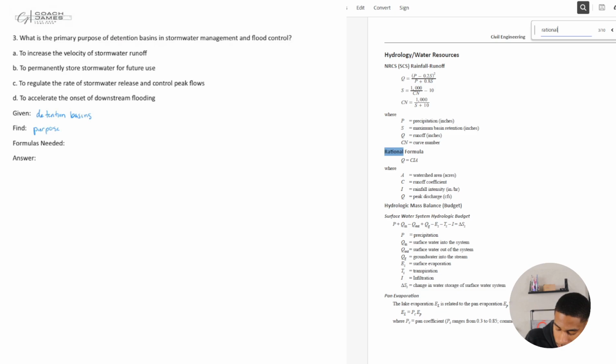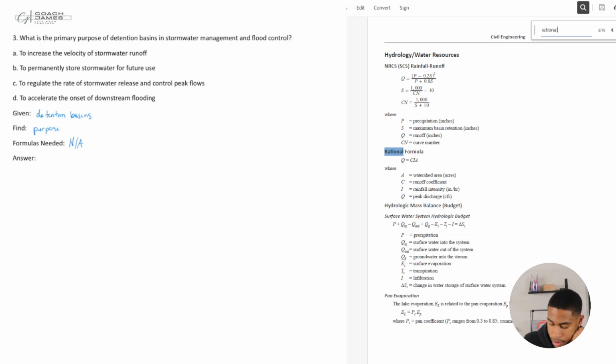No formula is needed. This is kind of like a conceptual prior knowledge question. All right, so to increase the velocity of stormwater runoff. So what is a detention basin? A detention basin basically is able to keep and hold large amounts of water, but it also is able to control the flow.